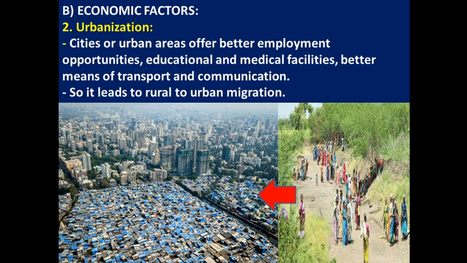Here we have two pictures: urban and rural, towns, cities and rural. If you compare these two environments, they are totally different. These urban areas generally offer better opportunities in terms of education, jobs, medical and other facilities.